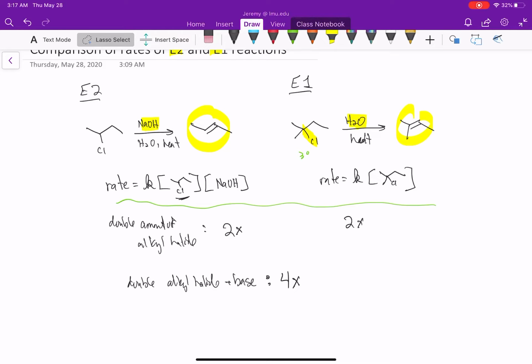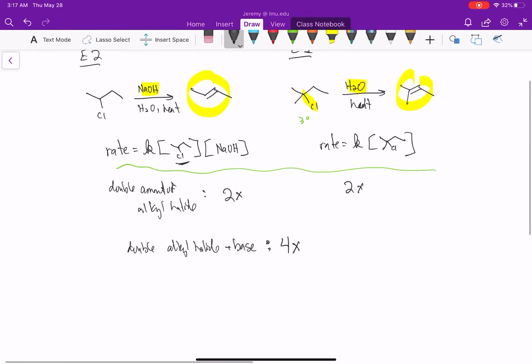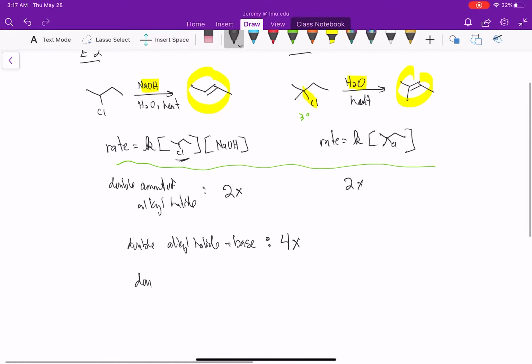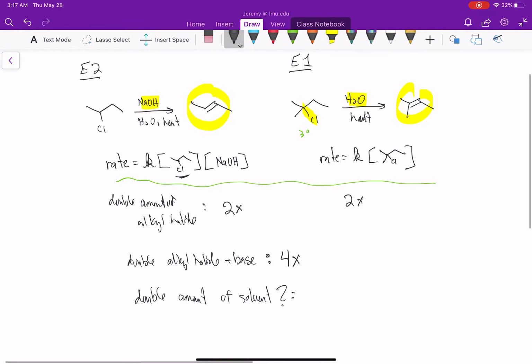My next question is, what would happen if I double the amount of solvent? All right, so what effect does solvent have? We have to remember that we're looking at concentrations. When I have a bracket of something, that is a concentration.